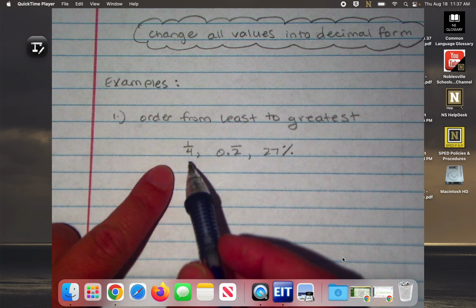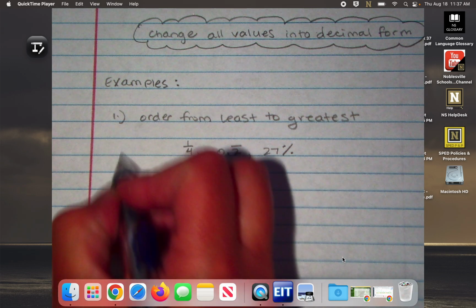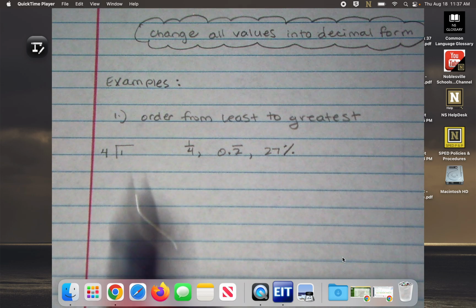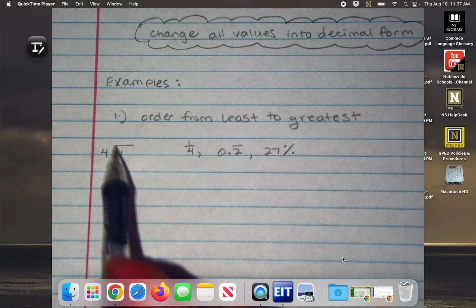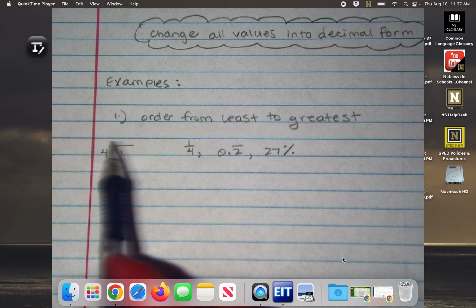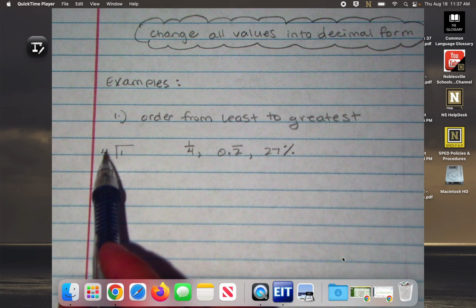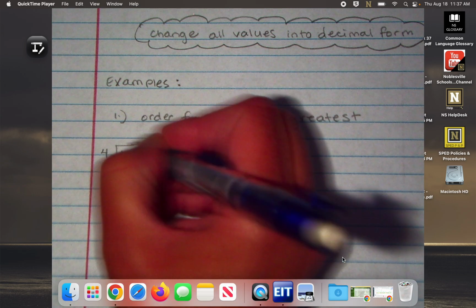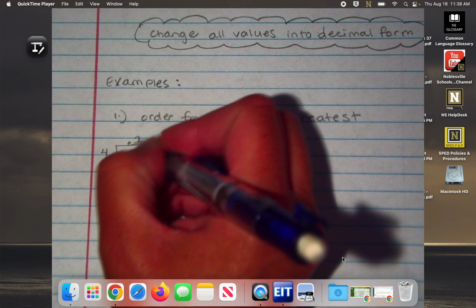So how do I turn 1/4 into a decimal? What's the strategy? Division. So I'm going to do 1 divided by 4. You put the numerator, and then I always say divided by to draw the little division symbol around it. That helps me remember what goes where. 4 cannot go into 1, so I put a 0 there. 4 goes into 10 2 times.